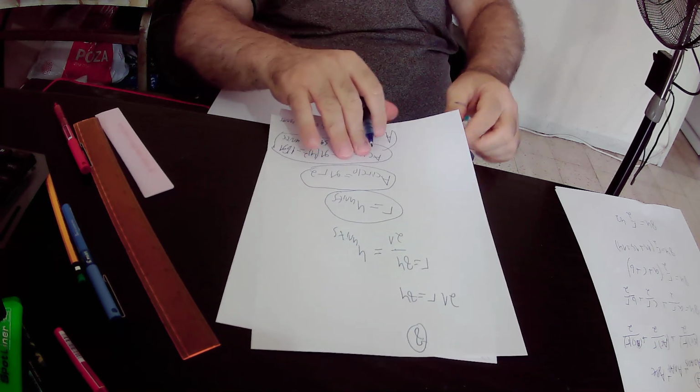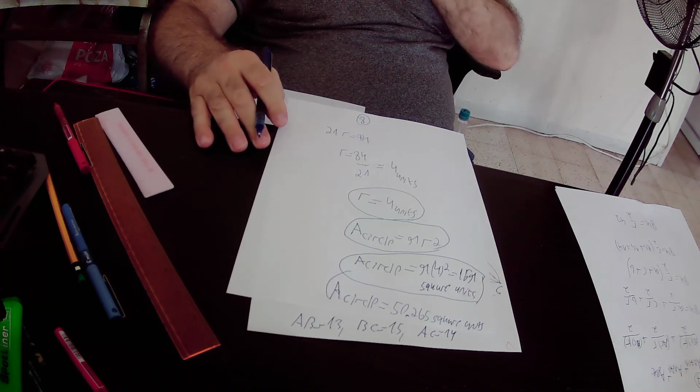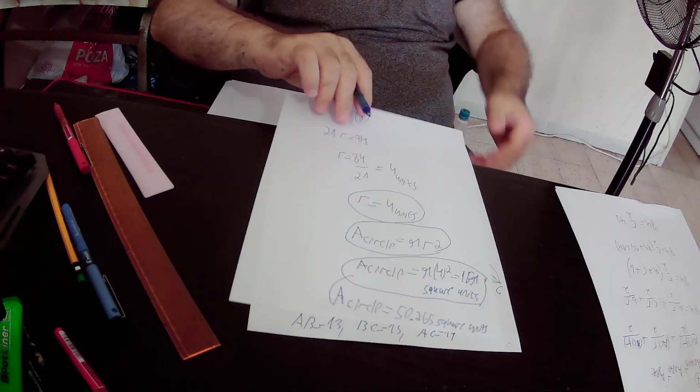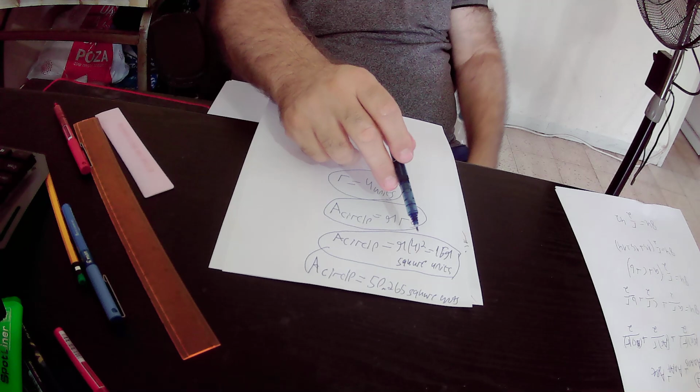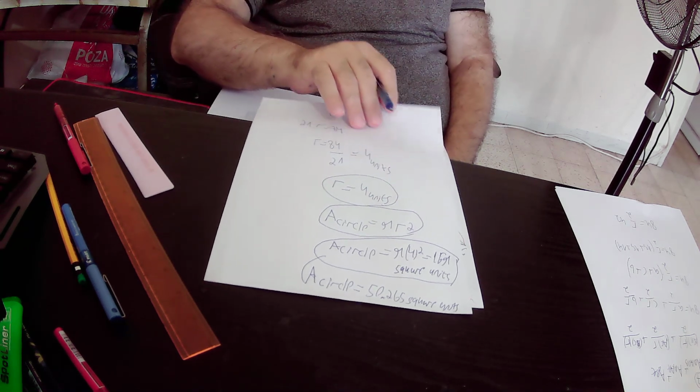Okay, again we found out that the area of the green circle equals either 16 pi square units, or in terms of numbers, 50.265 square units.